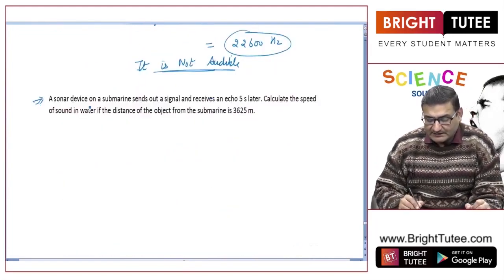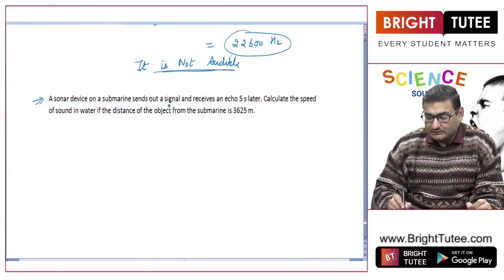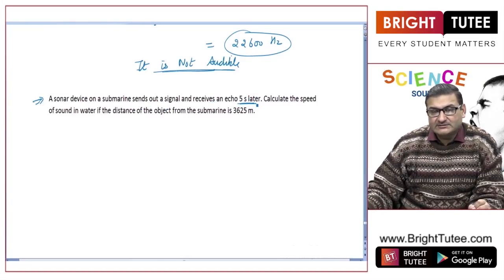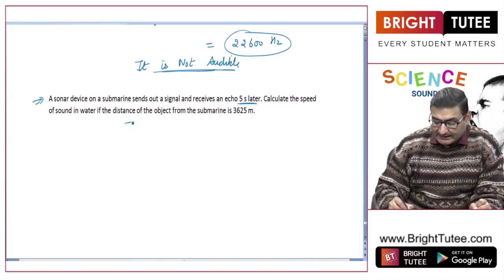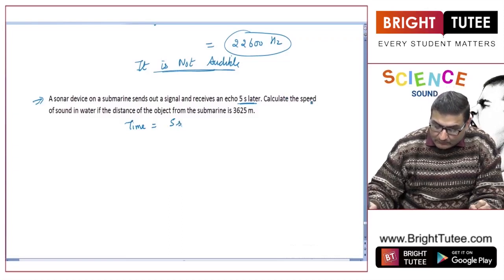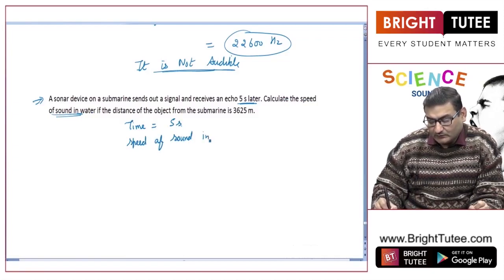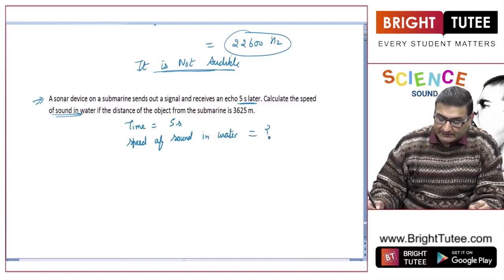A sonar device on a submarine sends out a signal and receives an echo in 5 seconds. So the time given to us is 5 seconds. Calculate the speed of sound in water. We have to calculate the speed of sound in water. This is what is not given to us. We need to calculate it.